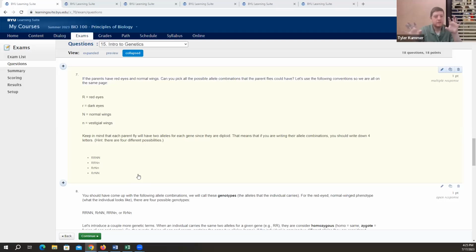That's why we have the 2x2 box, right? So we have parent one, they could pass on the big R or the little r, and then we have parent two, who's going to be the vertical axis, who could pass on the big R or the little r if they're both heterozygous. And we have to do that possible combination.